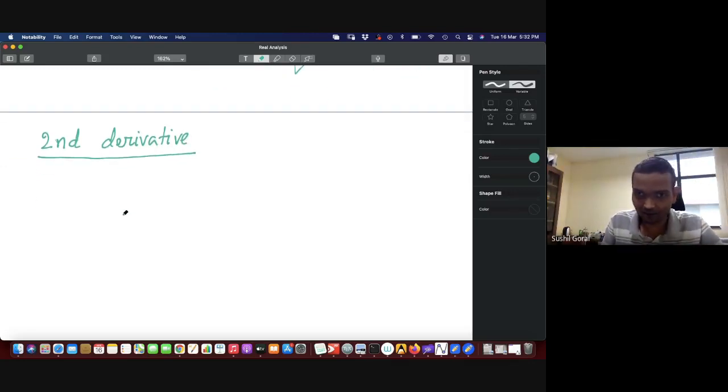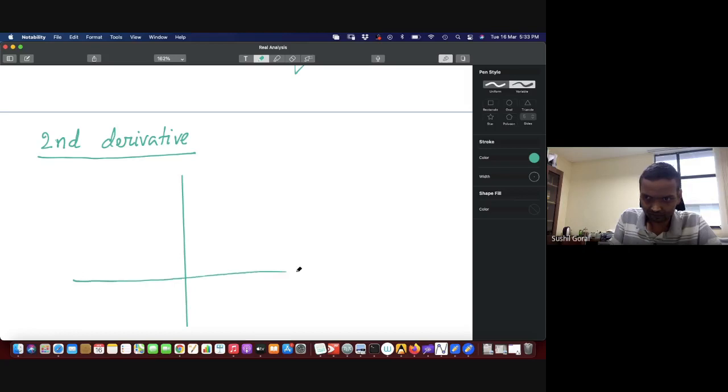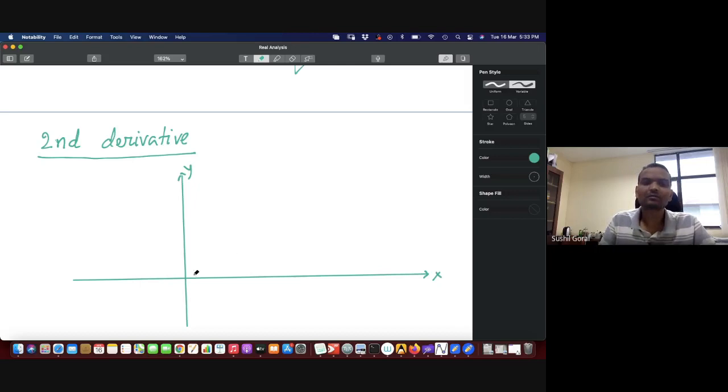All right. So a few definitions first. Well, before definitions, let me draw a picture. That would be good. This is the x-axis, this is the y-axis, and suppose the curve is like this.